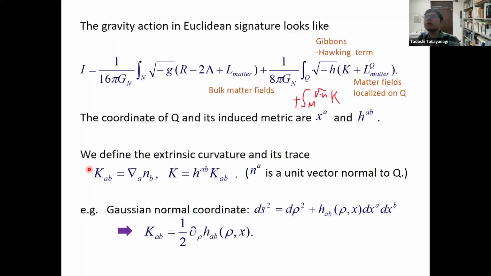This is a very important quantity to characterize the shape of the end of the world. For example, if we take Gaussian normal coordinates, we can always locally write the metric this way. Then the extrinsic curvature is just the derivative of the metric by rho, where the surface is fixed by rho equal constant.